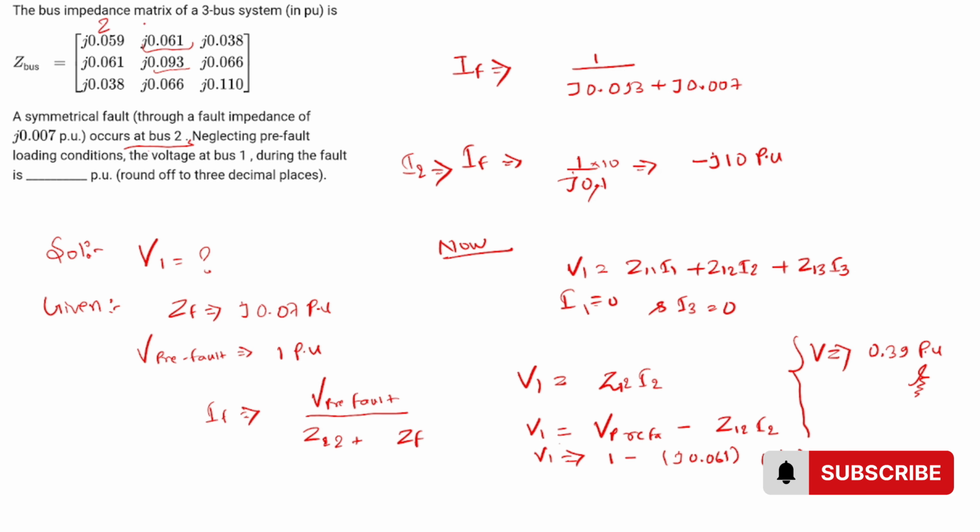This is Z11, Z12, Z13; similarly Z21, Z22, Z23; and Z31, Z32 and Z33. So Z12 is given and I2 we found earlier as minus j10. If you solve this, V1 is equal to 0.39 per unit, which is the answer to this question.